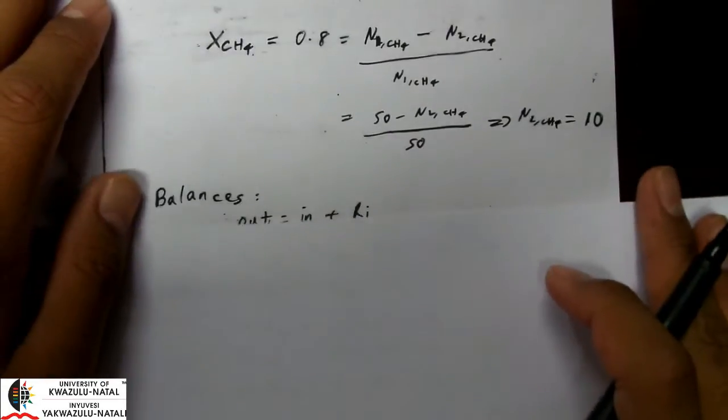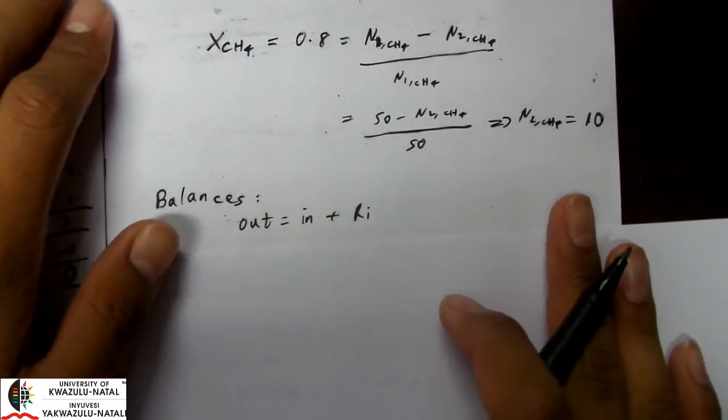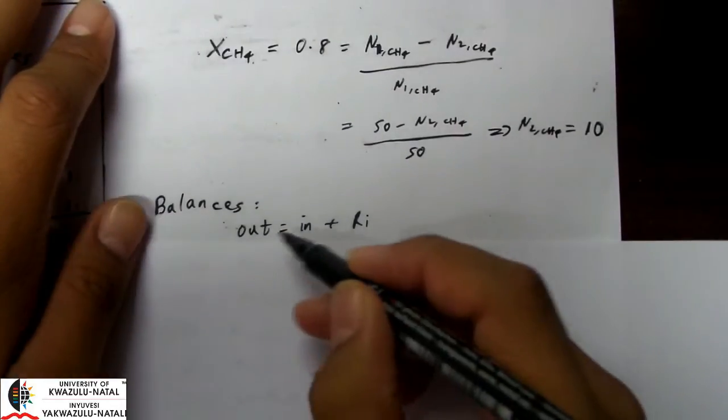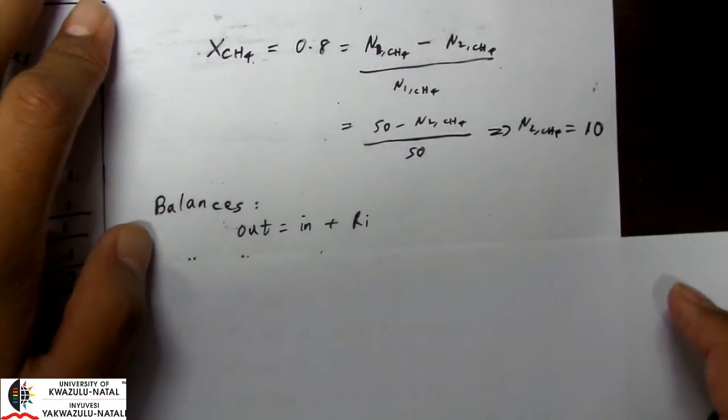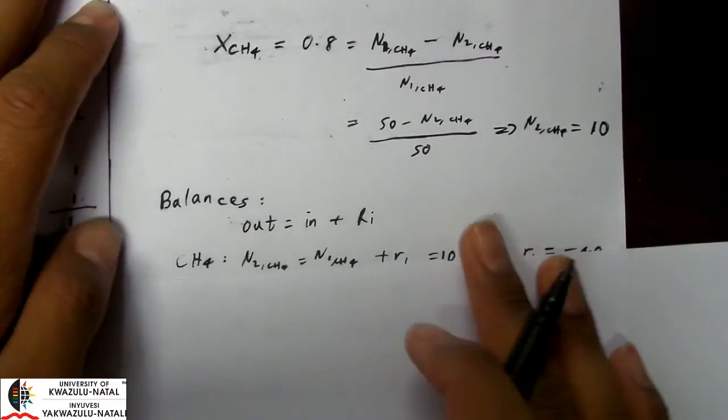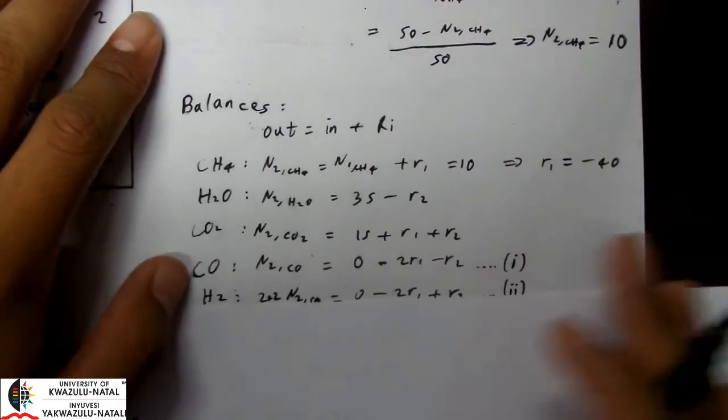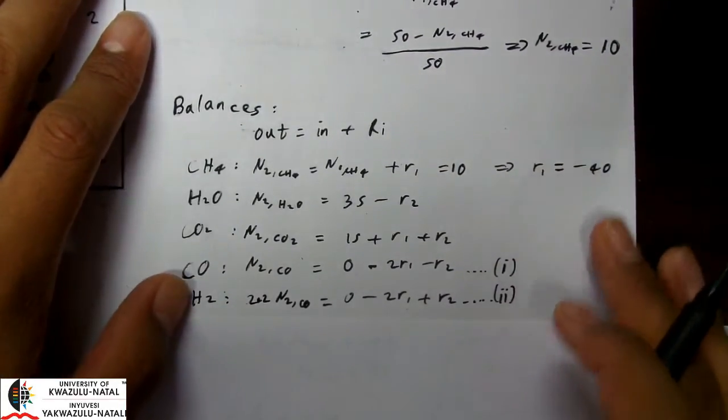And once we're done with that, we can write out our balances. Output is simply equal to input plus our production or consumption rate. Okay, and these are our balances.